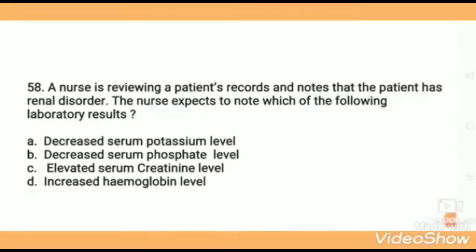Next question. A nurse is reviewing a patient's records and notes that the patient has renal disorder. The nurse expects to note which of the following laboratory results: decreased serum potassium level, decreased serum phosphate level, elevated serum creatinine level, or increased hemoglobin level.